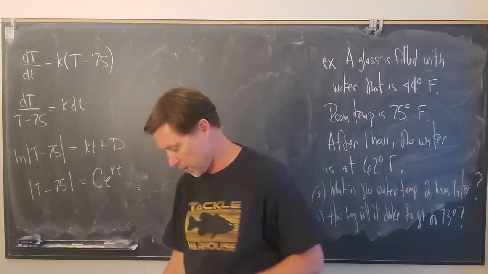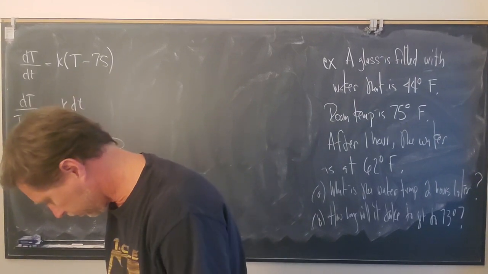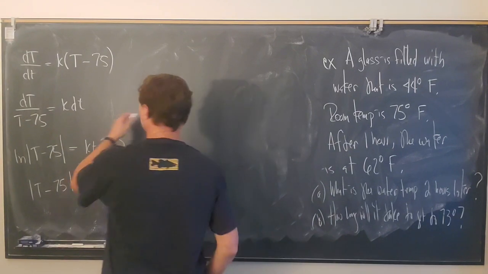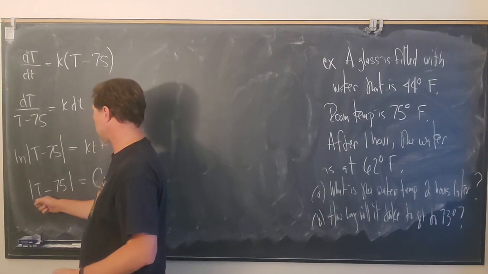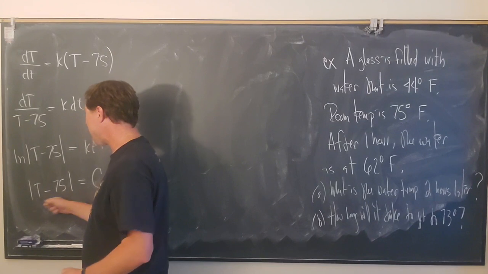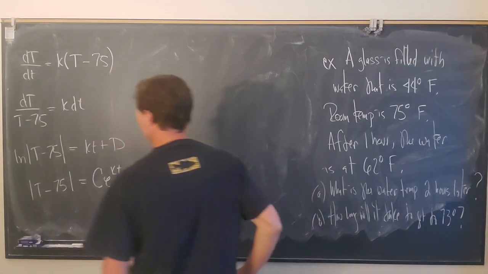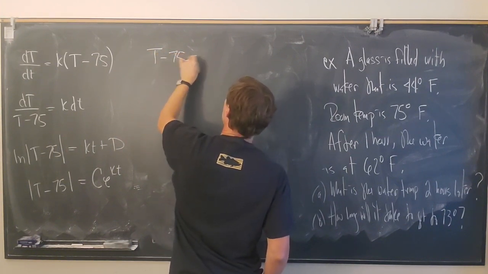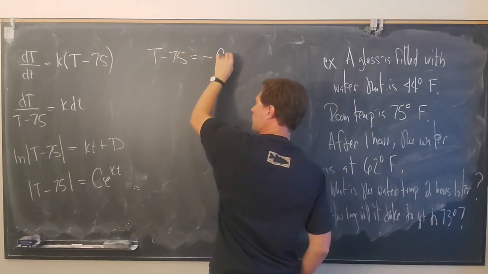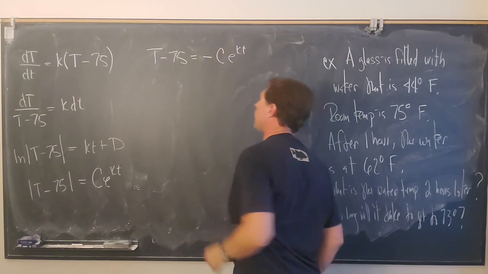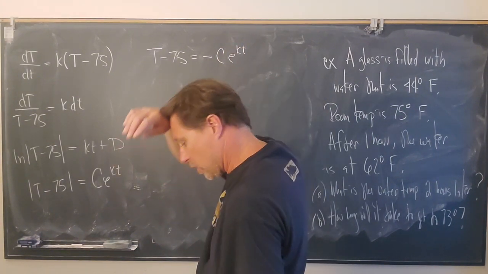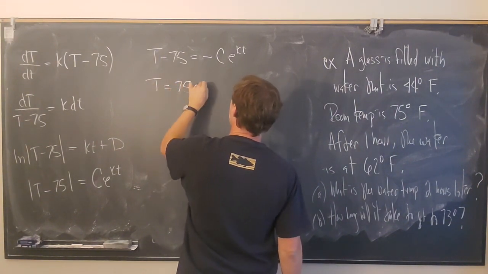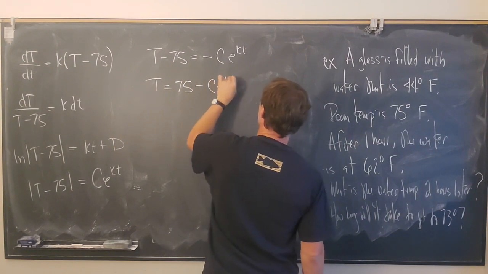Now notice that the temperature here is always going to be less than or equal to 75, so this is negative right here. So when we get rid of the absolute value, T minus 75 equals negative Ce to the kt. And so T is equal to 75 minus Ce to the kt.